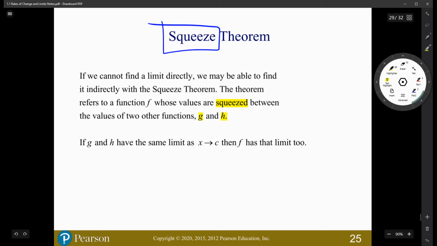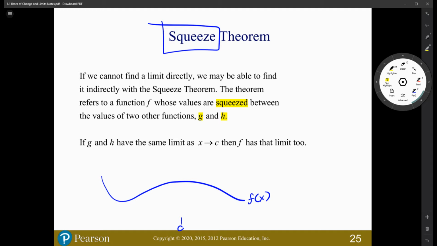It's going to look something like this. Say we have some function, and we're wondering what happens to this function at some x value. We're going to call it c for constant, but we can't find it. We can't do any sort of algebra analytics.